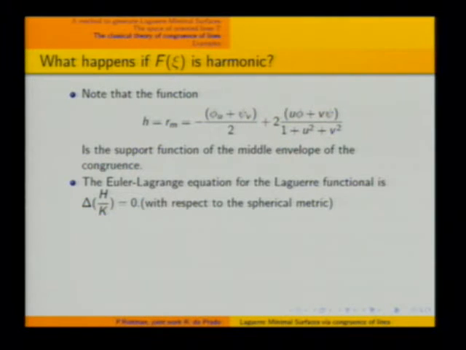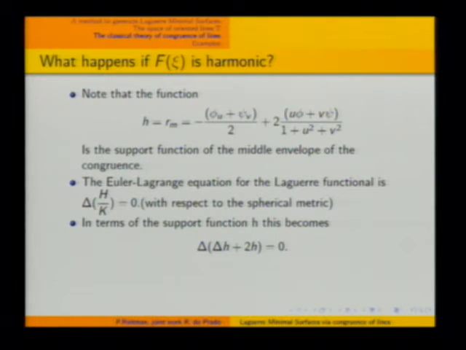So the support function is going to be this. And the Euler-Lagrange equation for the Laguerre functional is that the Laplacian of h over k, where h is the mean curvature and k is the Gaussian curvature, is a harmonic function with respect to the spherical metric. So in terms of the support function h, this equation becomes this one, because this inside is just the expression of h over k in terms of the support function.